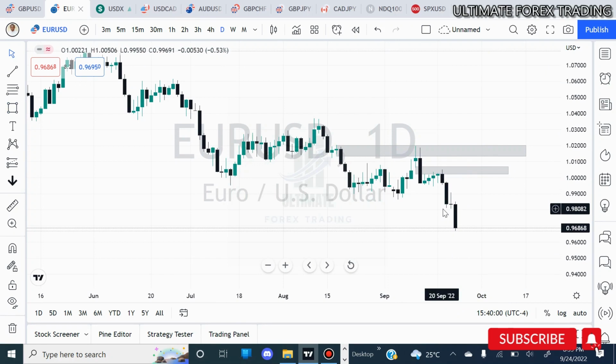right? So as soon as price retraced into this fair value gap, we know that institutionally we are ready to continue the bearish delivery of price.